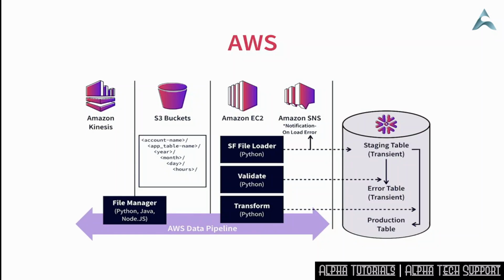Now we integrate our Snowflake instance here with other Amazon services. So Kinesis for piping, S3 buckets for storage, and then we have a load process that runs on EC2, which is the VMs, and a notification with SNS. So we have a Snowflake file loader written in Python, a validator written in Python, a transformer written in Python, and then we have a file manager that's written in either Python, Java, or Node.js.